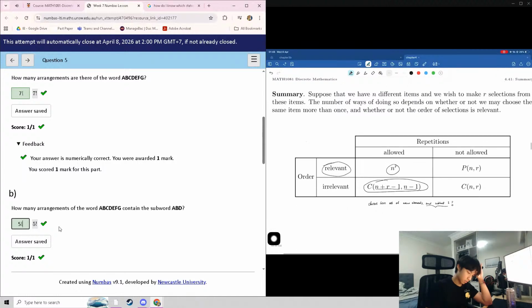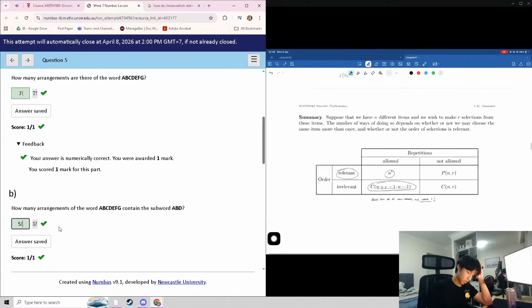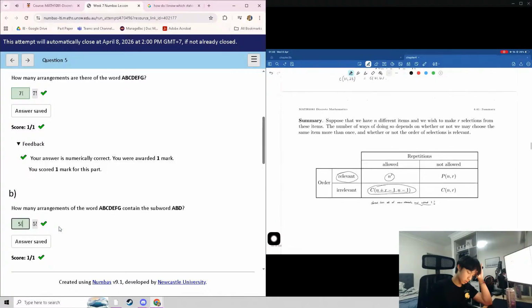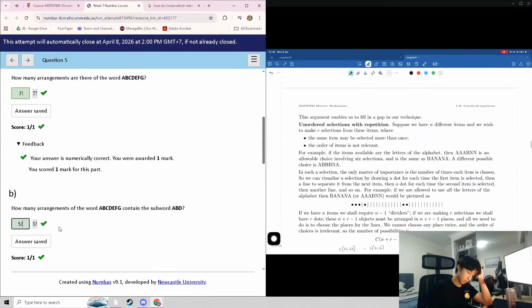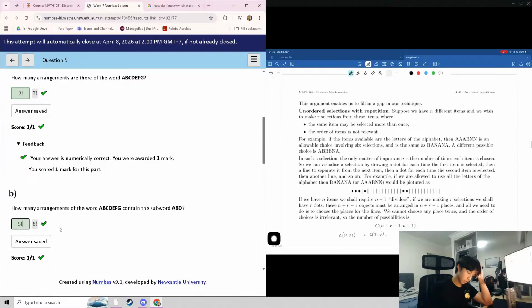This is when repetitions are not allowed. Sorry, order is irrelevant, but repetitions are allowed. So right here.